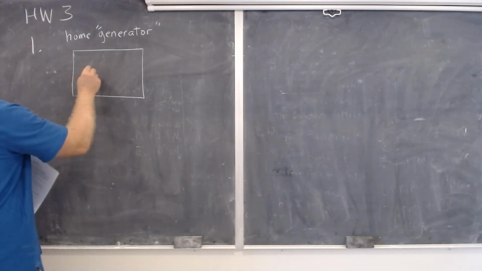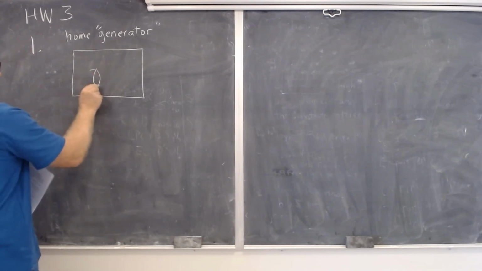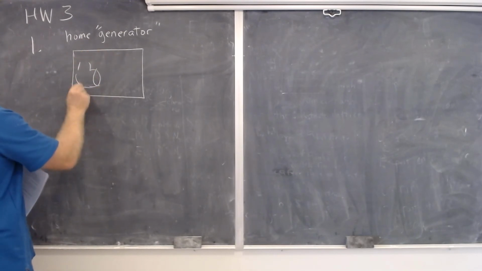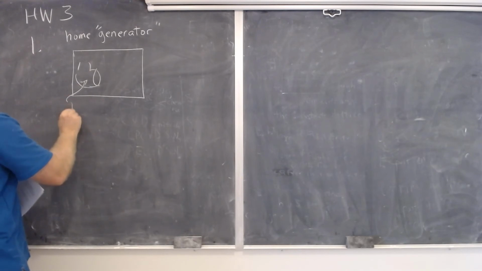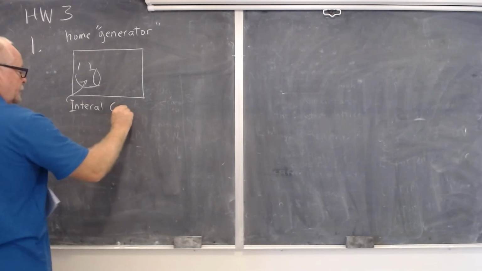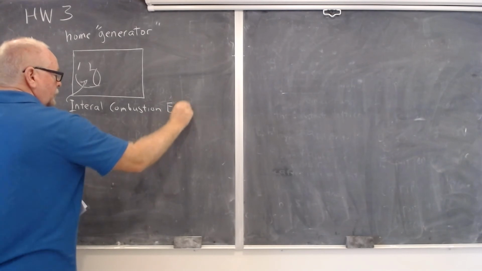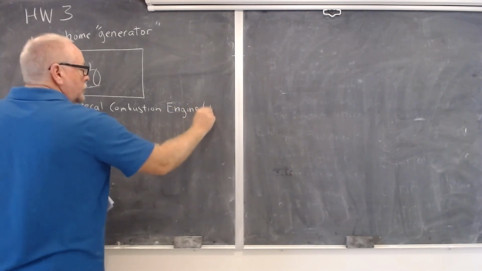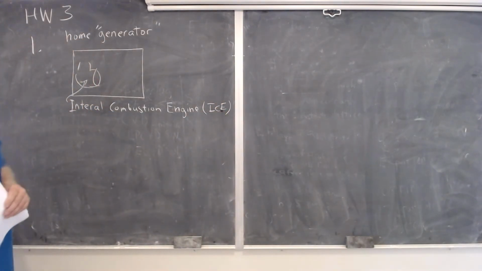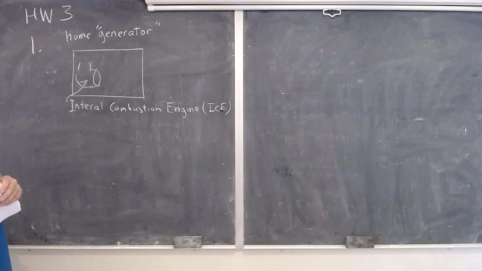You basically, and I'll try to sort of draw it schematically, there's a fuel tank up here, but basically there is an internal combustion engine, ICE, the acronym, and it's a fancy name for, in most of these devices, a lawnmower engine.